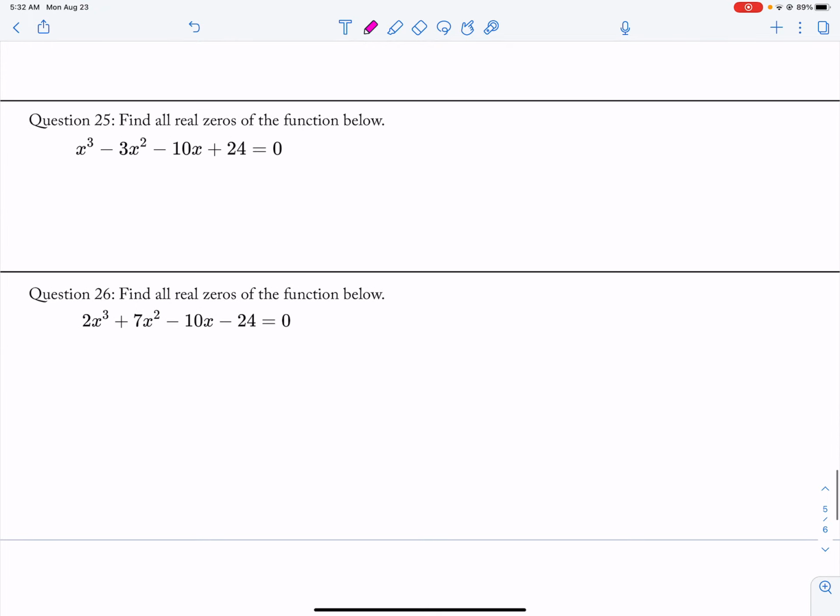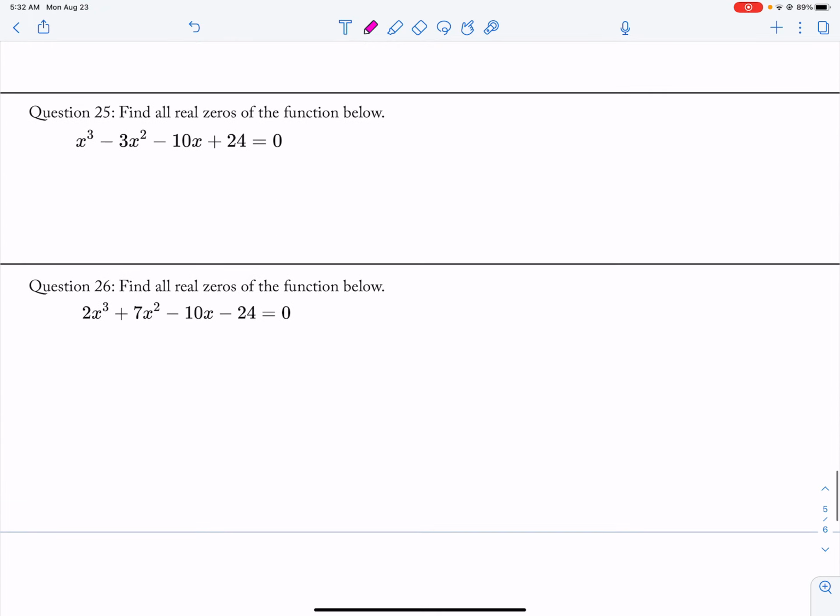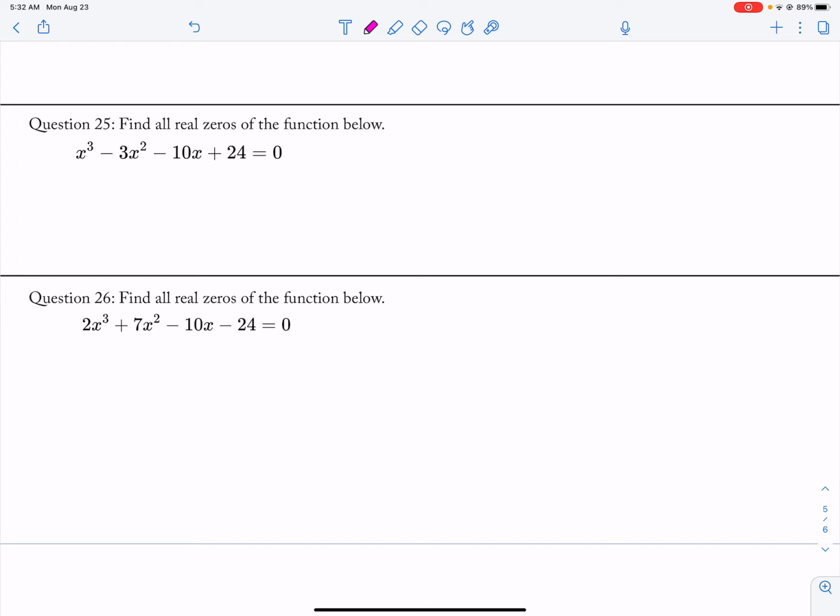Now that was the baby step to actually finding all the zeros of the function. And so that's where we're at here with number 25. We're going to use the rational root theorem. And so it's factors of the last term divided by the factors of the first term.